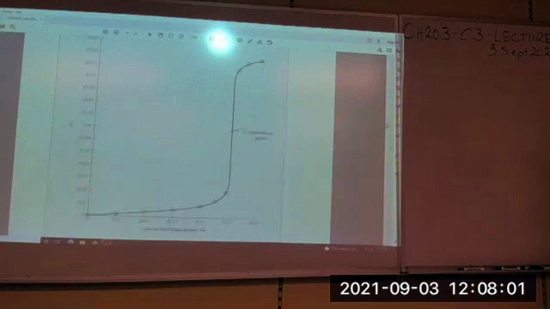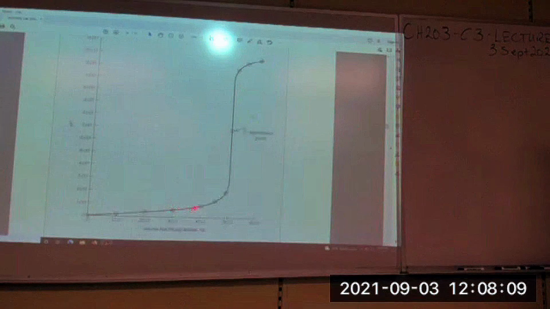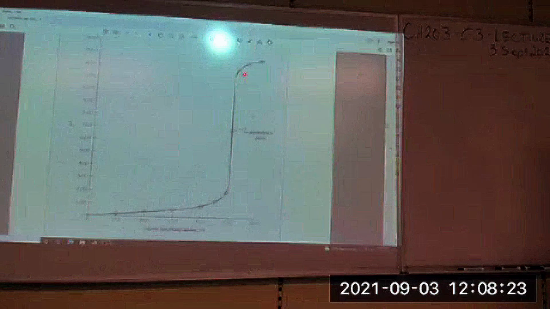Okay, so what happens? Well, initially, the pH doesn't change very much as we add more and more base. Then it starts to skyrocket. And at this point, we add just a little tiny amount of base and look at the jump in pH. And then it keeps going. We add a little bit more base. And then when it gets to this point, it kind of flattens out.